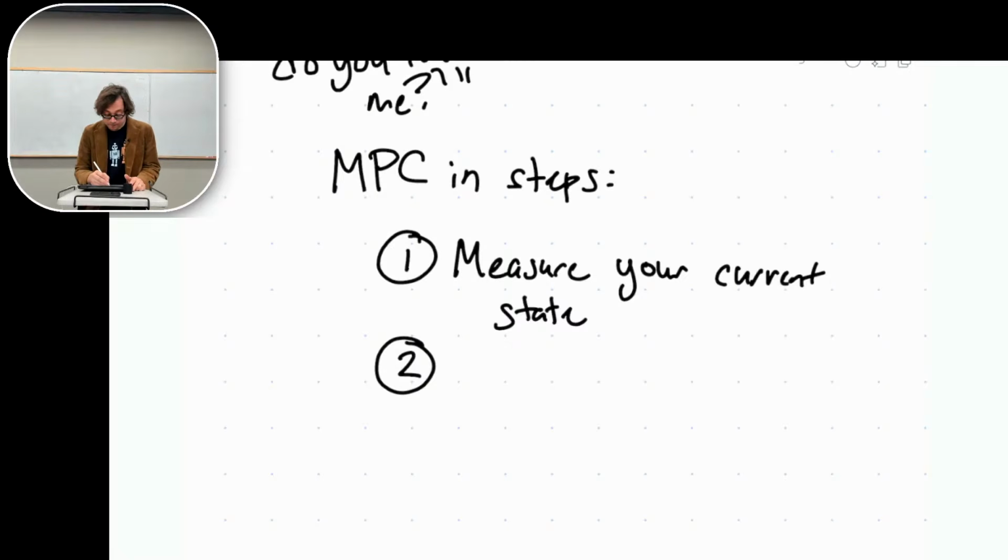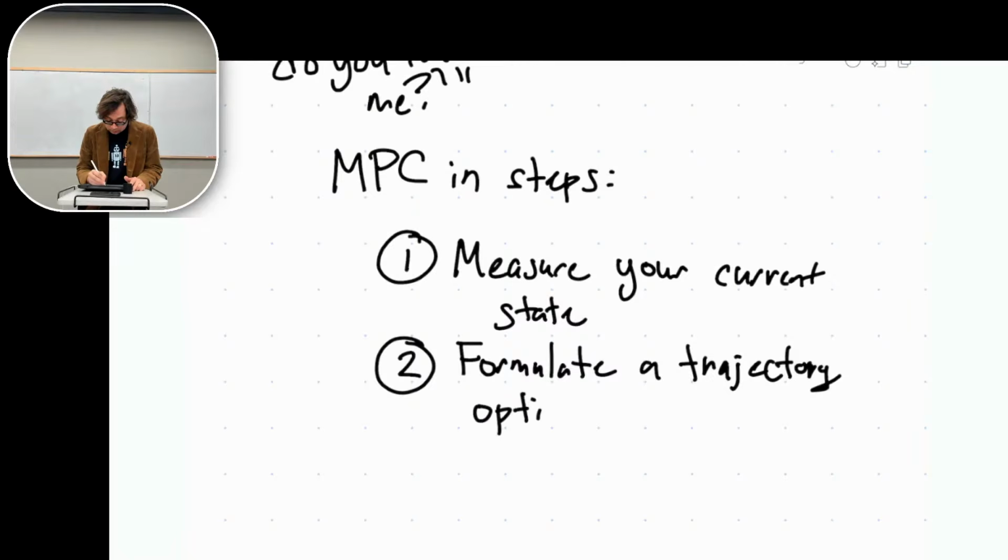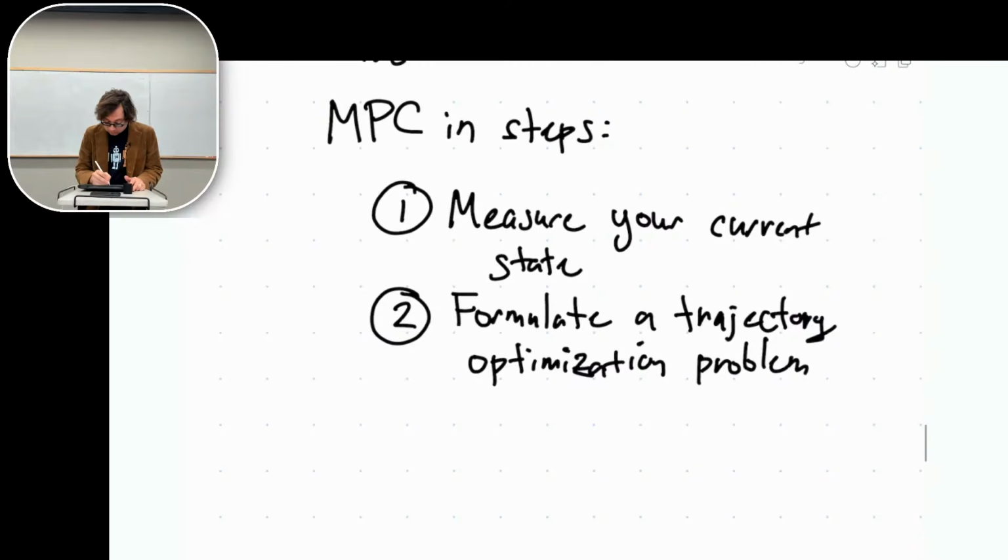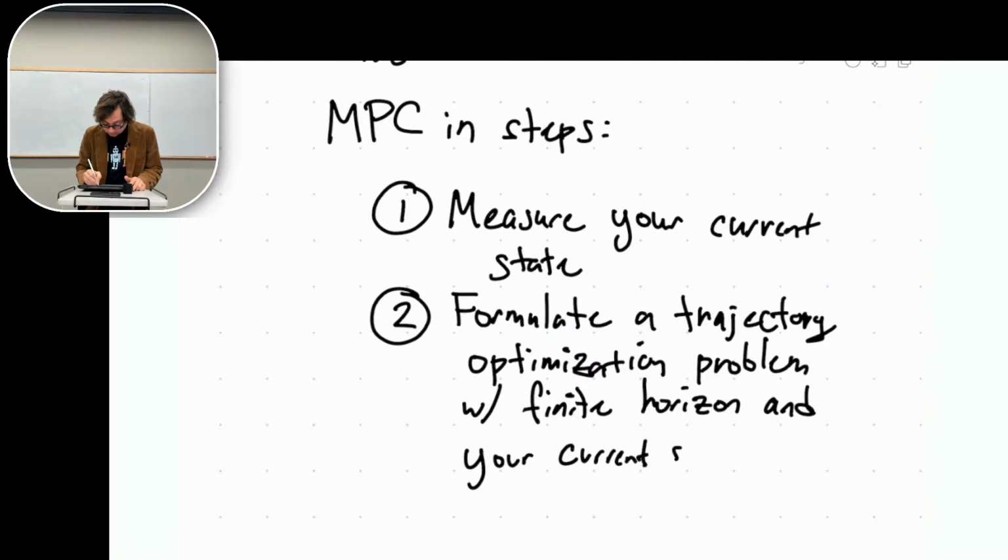Number 2: formulate a trajectory optimization problem with finite horizon and your current state as an initial condition.